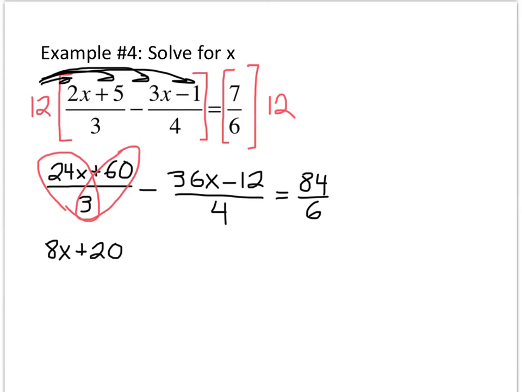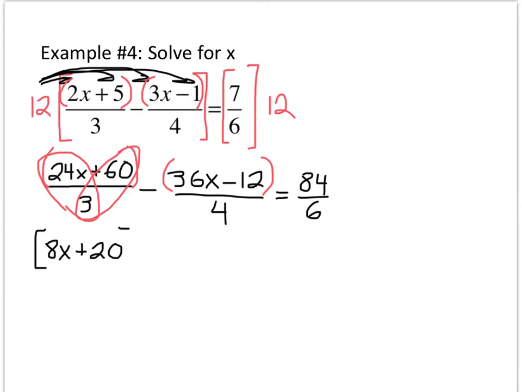Now here's where we have to be a little tricky. I told you earlier that when we have an entire expression on top of a fraction, there's almost like an implied set of parentheses on the top here. And that may make sense because that would reinforce why we had to distribute to both those terms, or distribute across the parentheses. So as I divide here, I even want to keep those parentheses up.